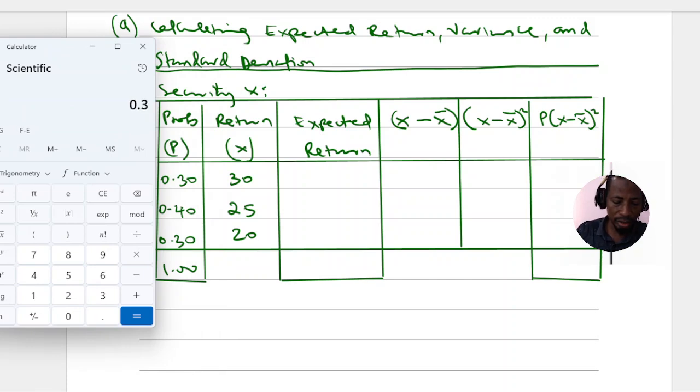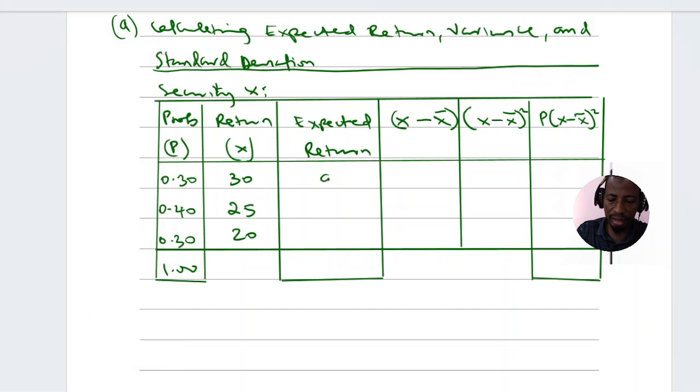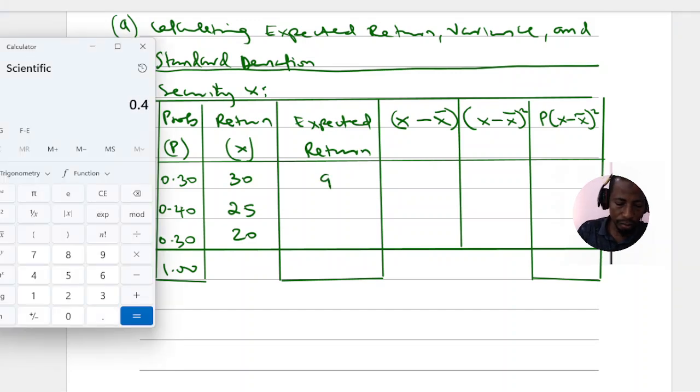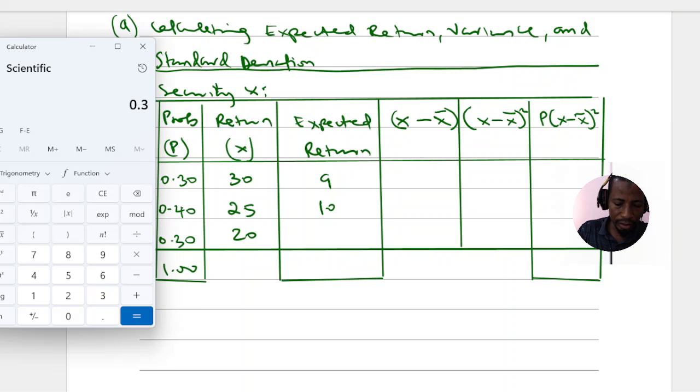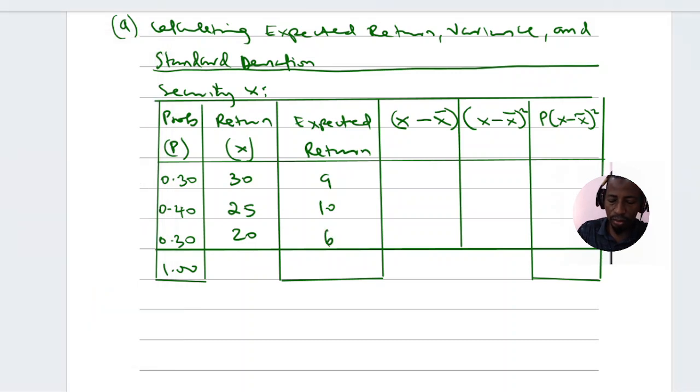So 0.3 multiplied by 30 equals 9. 0.4 multiplied by 25 equals 10. 0.3 multiplied by 20 equals 6. When you add it up, that's 25. This represents the expected return on security X.